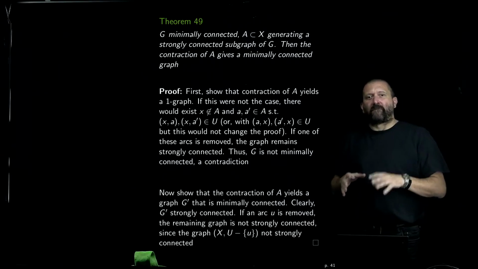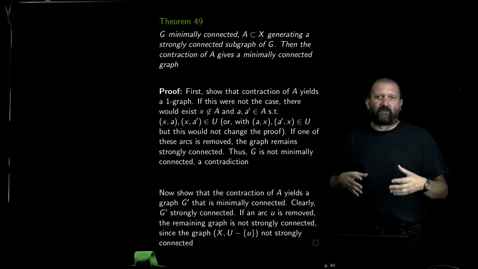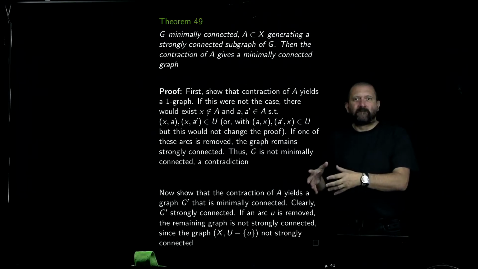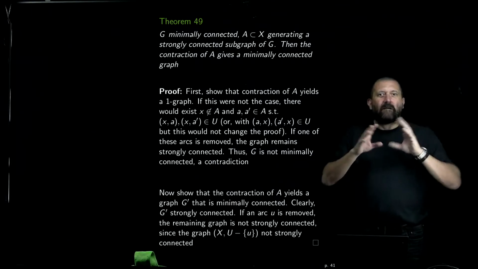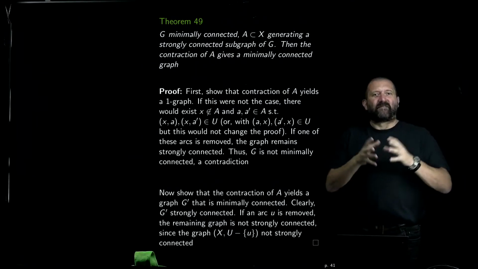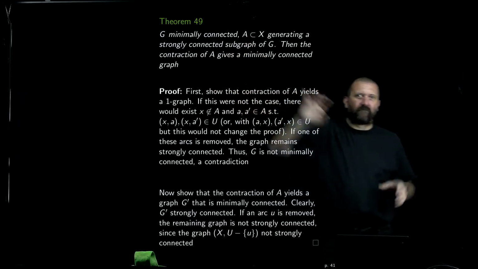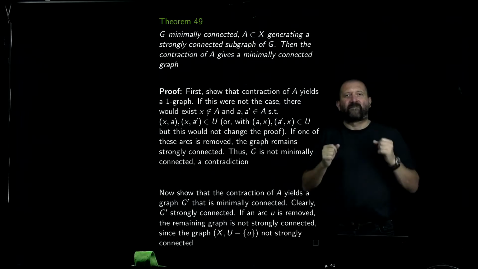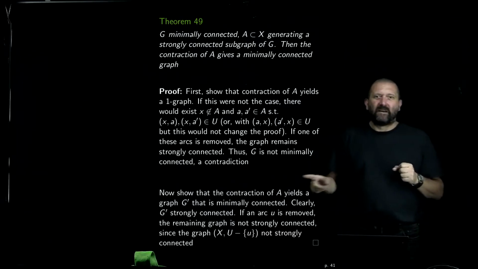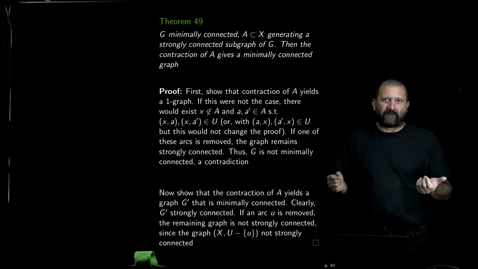Now let's look at what contraction of A does in terms of the graph we obtain. So we contract A, and what we get is a graph that is minimally connected. Okay, so A is strongly connected, remember that's the assumption. When we take the subgraph, we have a strongly connected subgraph. So G prime that we get is strongly connected.